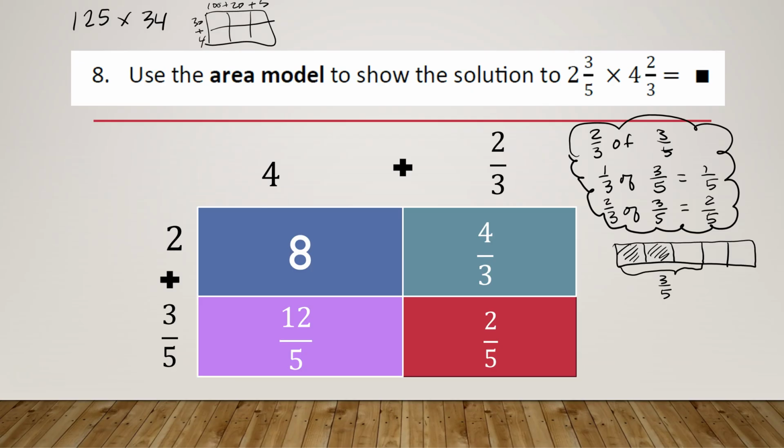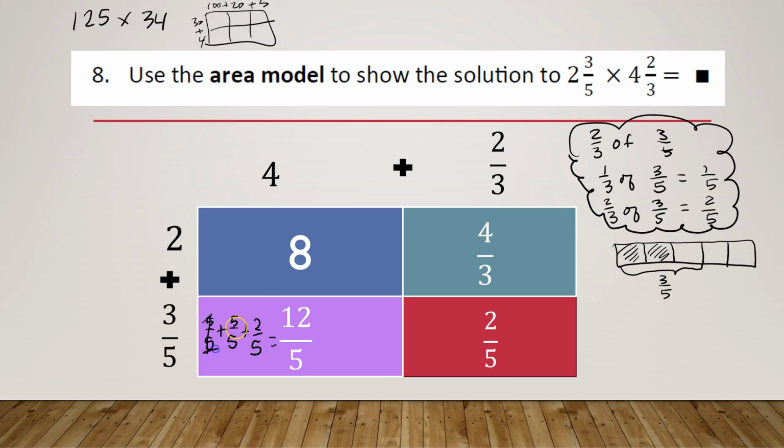Okay. Now our job is to go ahead and combine all of those small areas to get the area of the big rectangle. So we say 12/5 is the same as 5/5, another 5/5, and a 2/5, right?